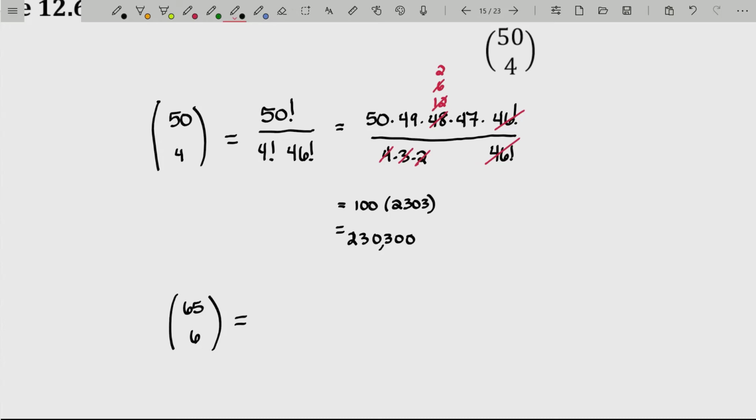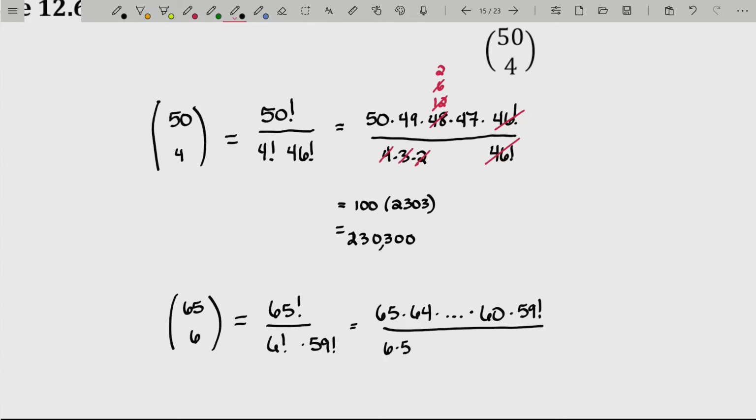And so this is 65 factorial. I'm not saying that there's 65 choices. I just can't remember how many choices there are. Over 6 factorial times 65 minus 6, which is 59 factorial. And so that would be 65 times 64 times, all the way down to 60 times 59 factorial, over 6 times 5 times 4 times 3 times 2 times the 59 factorial.